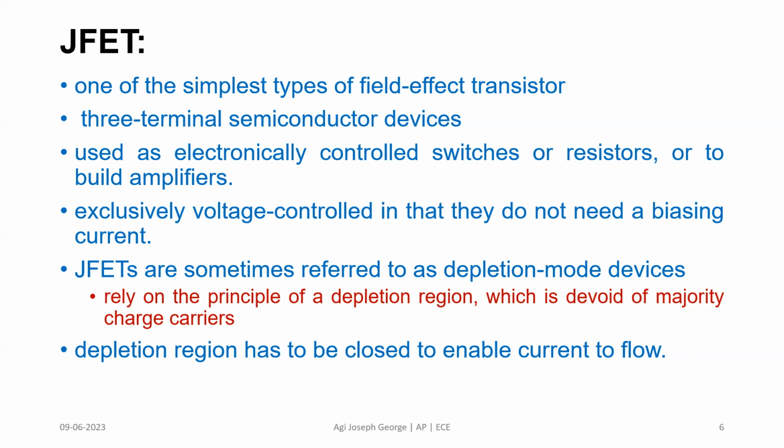Now, when you think about your diode, when the P and the N regions are brought close together electrically, the P region has holes majorly, and the N region has majority charge carriers as electrons. So when the P and N regions come close together, a junction is formed. Now you might have studied diffusion.